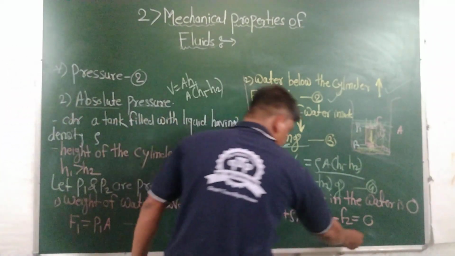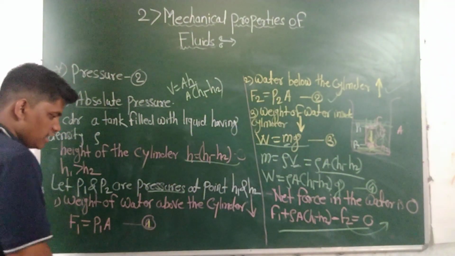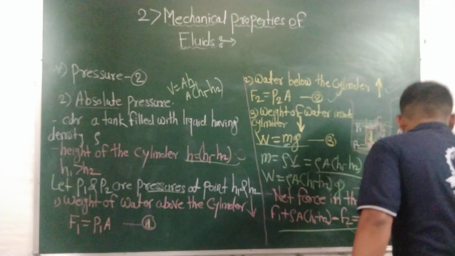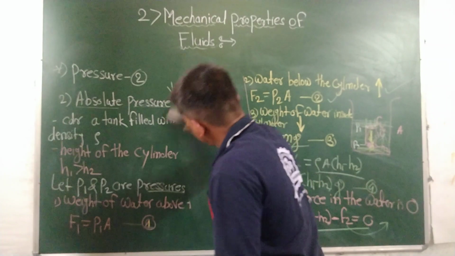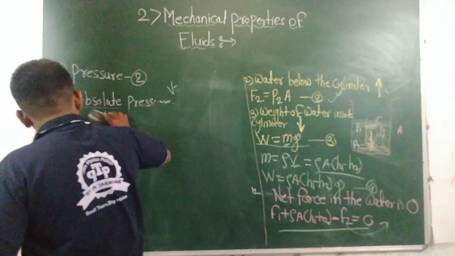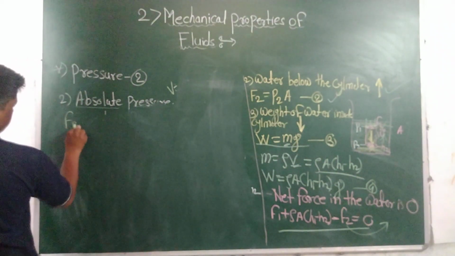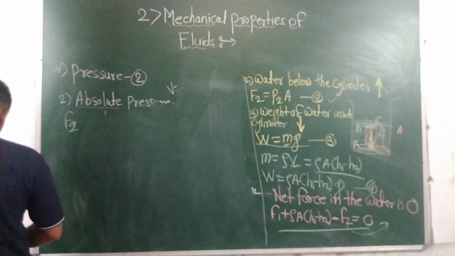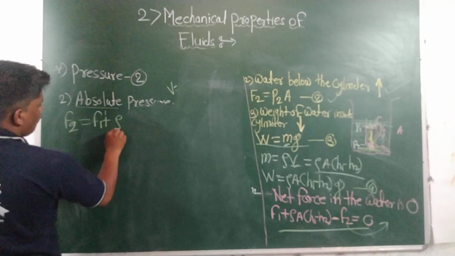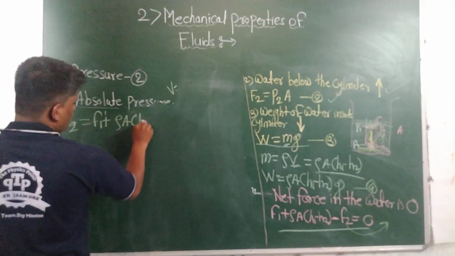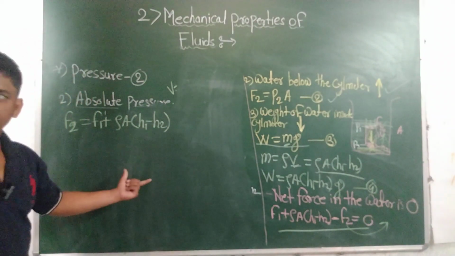After rearranging this equation a little, we take F2 to the RHS. Then F2 is equal to F1 plus rho A into (H1 minus H2). You must know that.